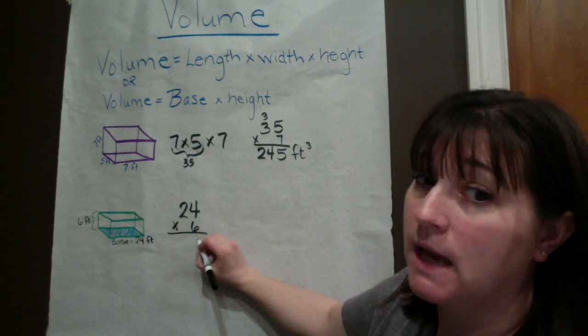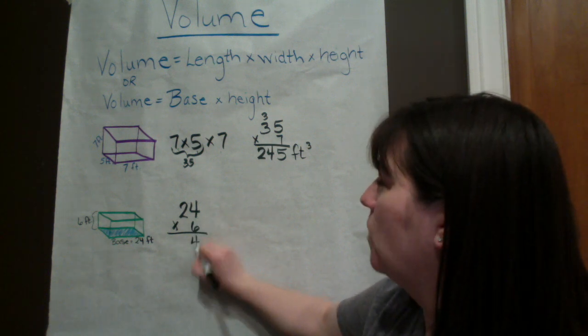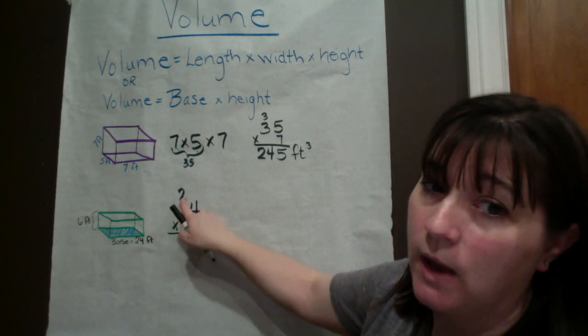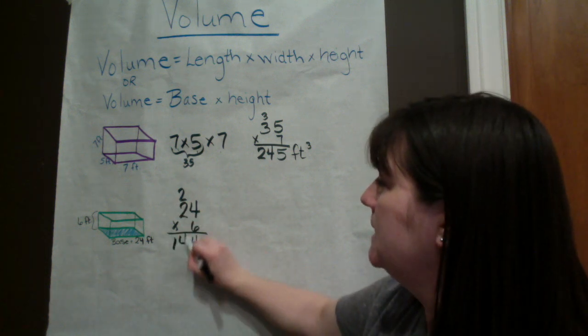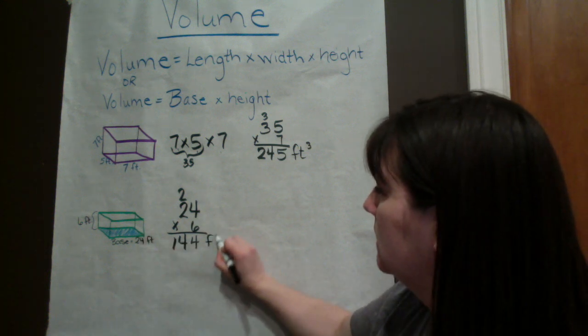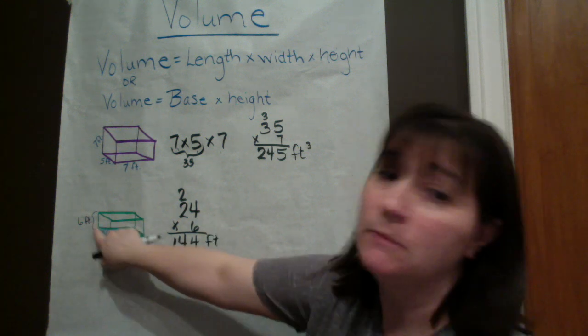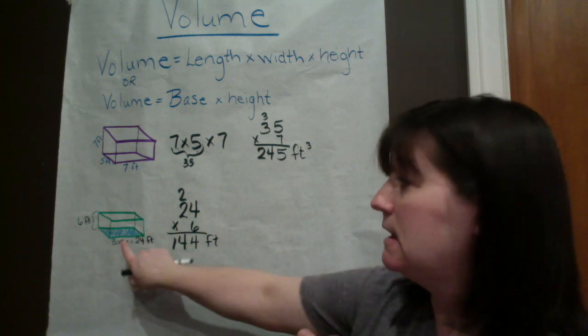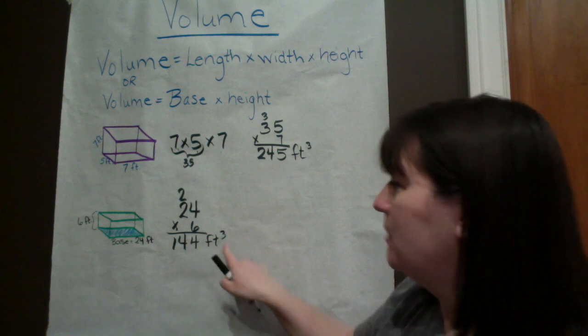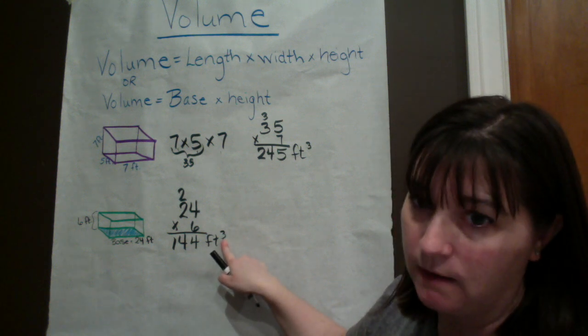Okay, so 4 times 6 is 24. 6 times 2 is 12, plus 2 more is 14. Again, my label was feet. And even though I'm only multiplying 2 numbers together, since this shape is a 3D shape, my label is still 3. It's still cubic feet.